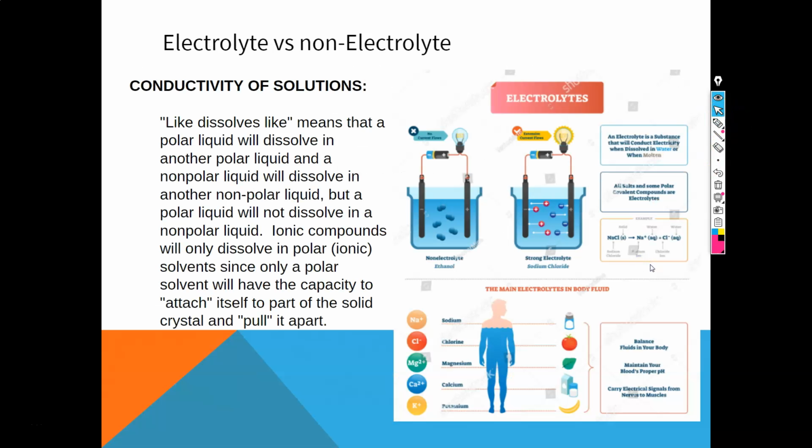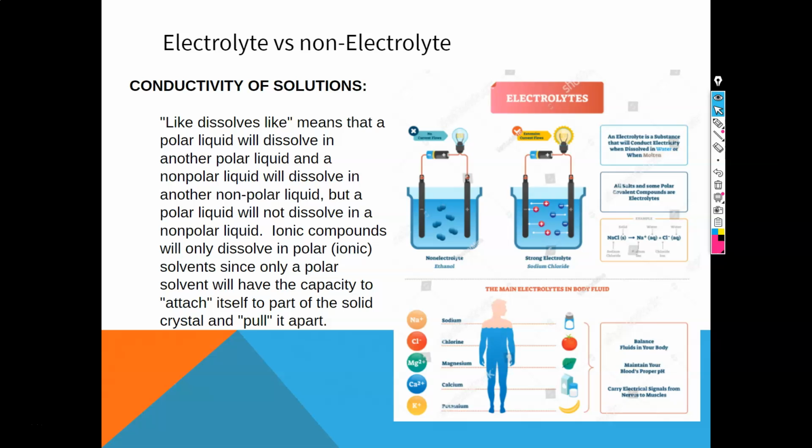All right, now why is this also important? Because what we have in a solution is a bunch of dissolved particles. Sometimes a solution can be called an electrolyte if that solution has particles that are charged in it. In other words, ionic compounds produce charged particles, but covalent compounds only have non-charged particles.